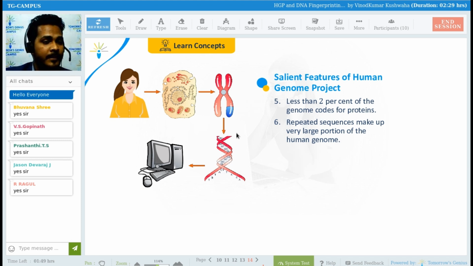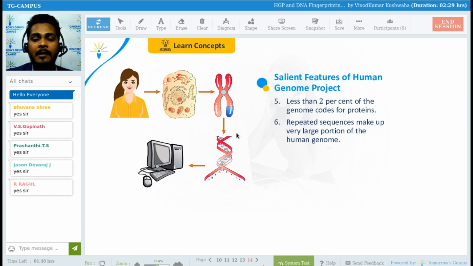You know how proteins are constructed in the human body, right? And repeated sequences make up very large portions of the human genome.